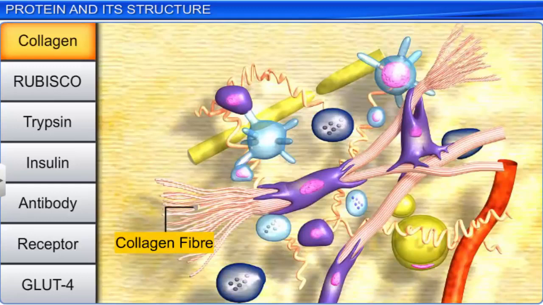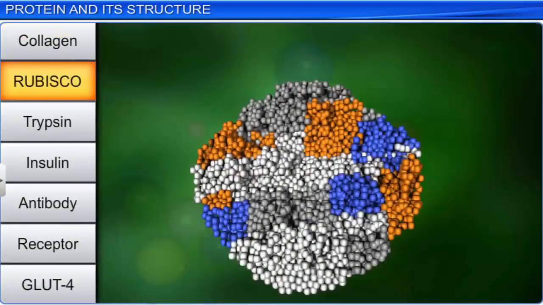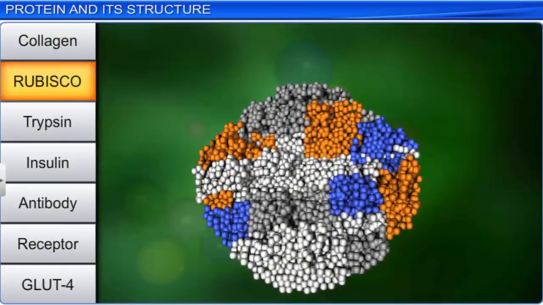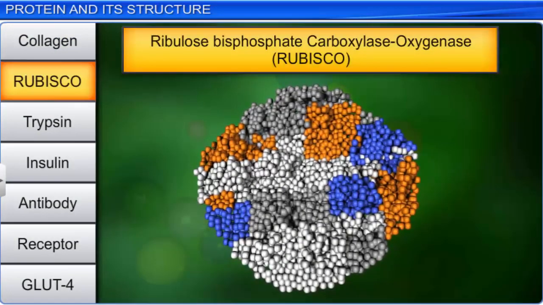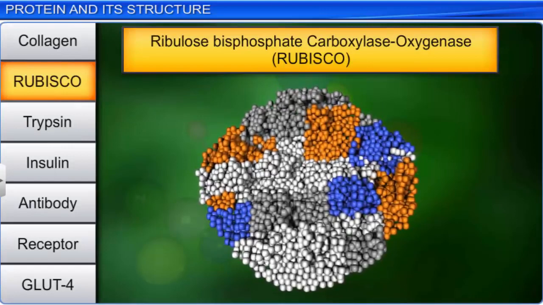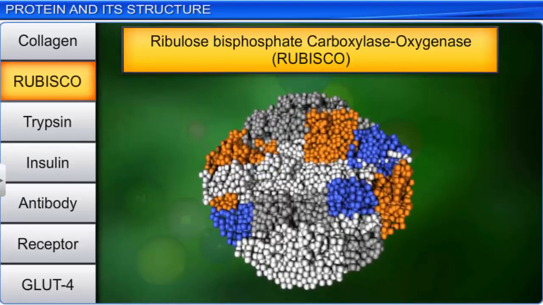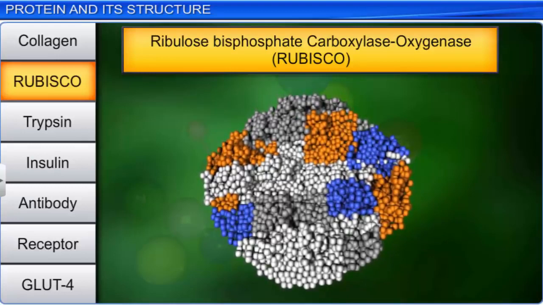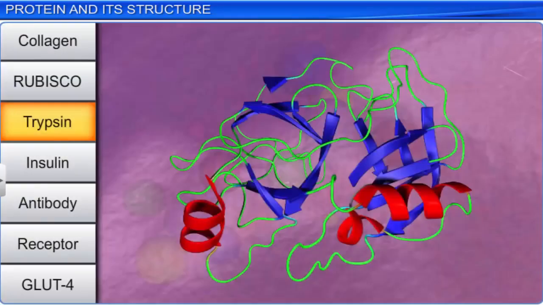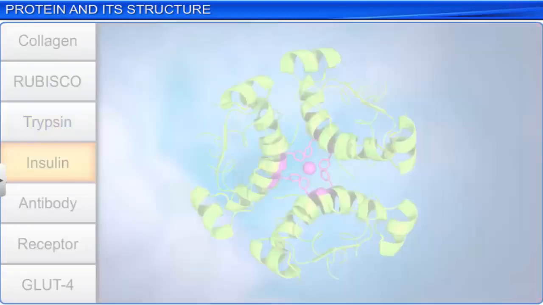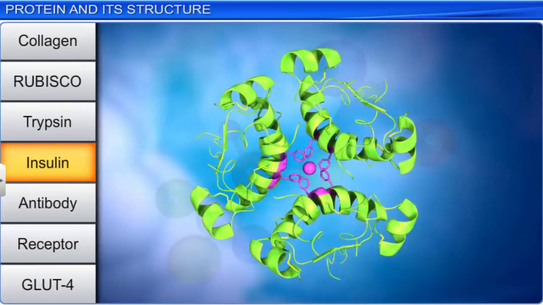On the other hand, ribulose bisphosphate carboxylase oxygenase, or Rubisco, is the most abundant protein in the whole of the biosphere. It acts as a catalyst during the process of carbon fixation. Trypsin acts as an enzyme, and insulin acts as a hormone. Another protein called antibody helps fight infections.